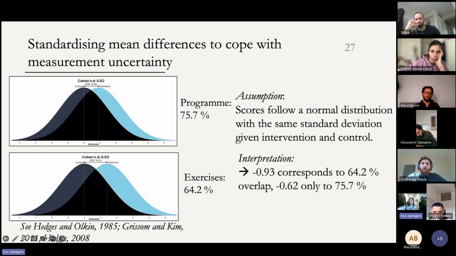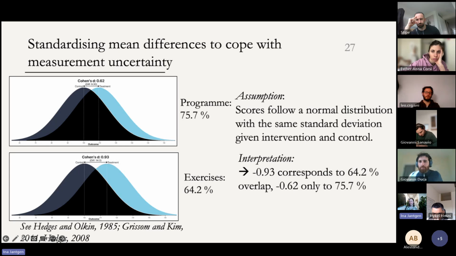So for instance, a standardized mean difference of minus 0.93 corresponds to an overlap of treatment and control group distributions of 64.2%, versus a standardized mean difference of minus 0.62, which corresponds to an overlap of 75.7%. And the idea is that the less the overlap is, the more effective the intervention, and you're supposed to compare the overlaps across different studies.